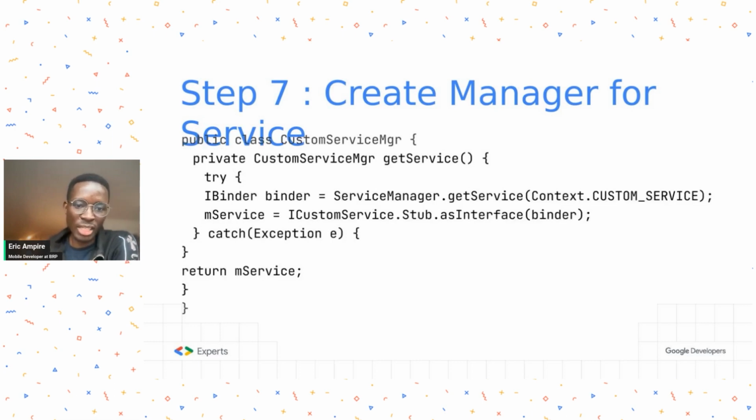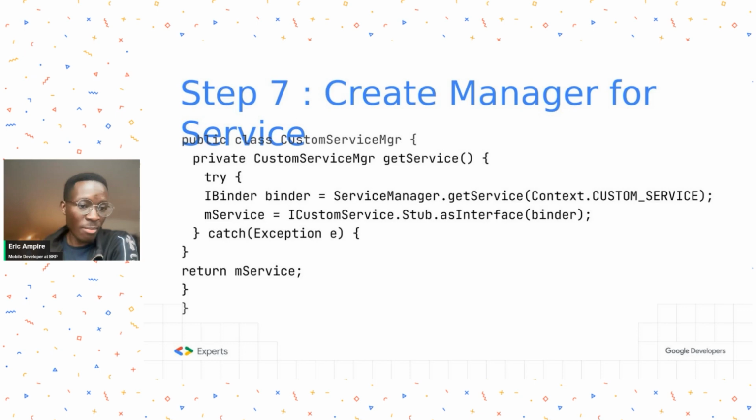For example, here I can create a method getService, and that uses the service manager to get the service by its name, the name that I've provided previously. My service will already be registered to the service manager, so I can have access to it by using this method here. As I can see, it returns an instance of IBinder, and I can use that particular IBinder to initialize my service by using ICustomService.Stub.